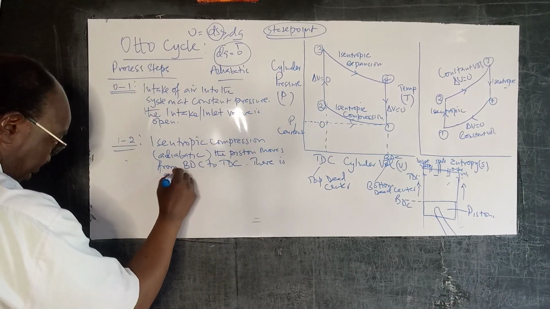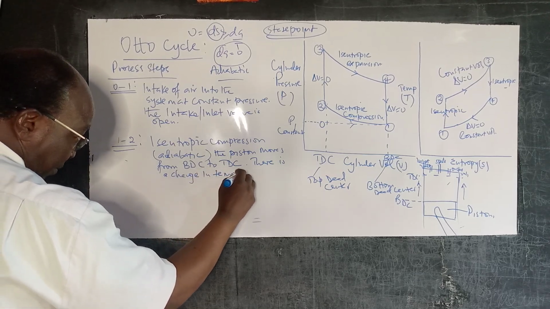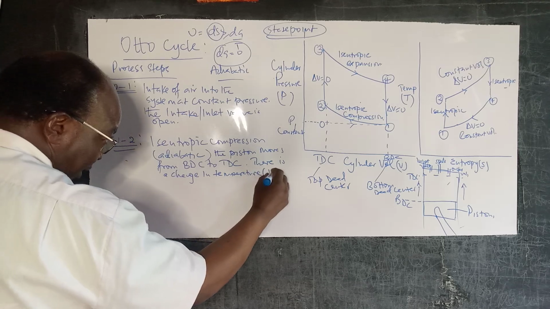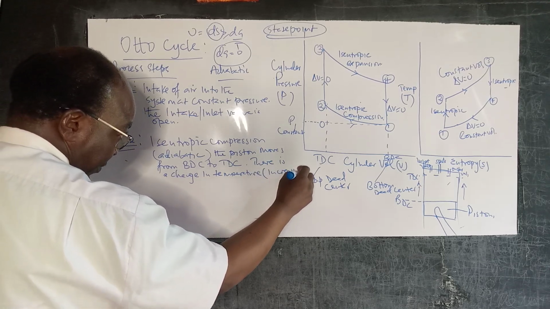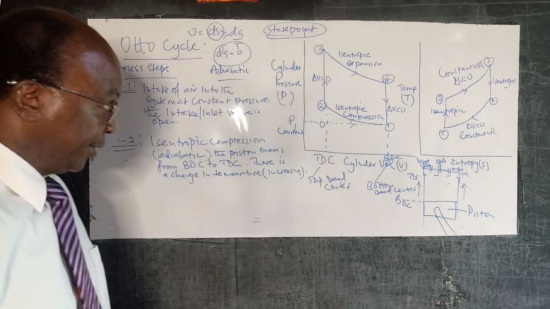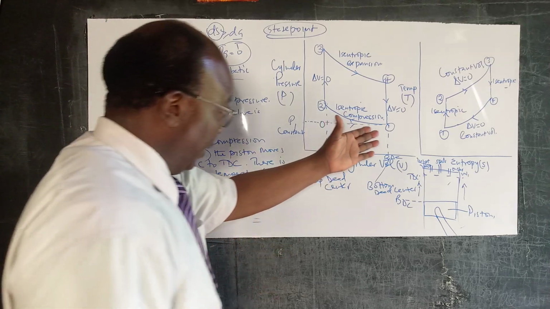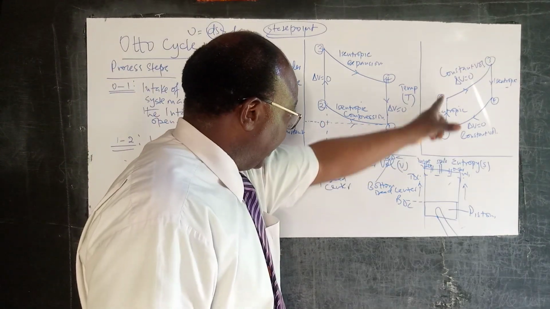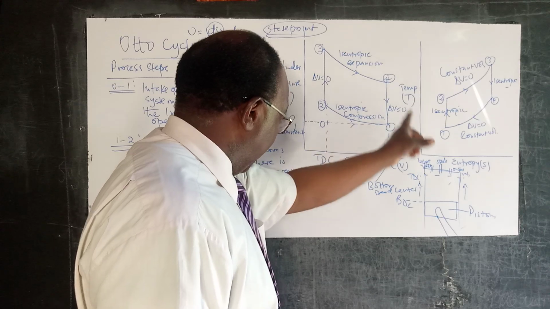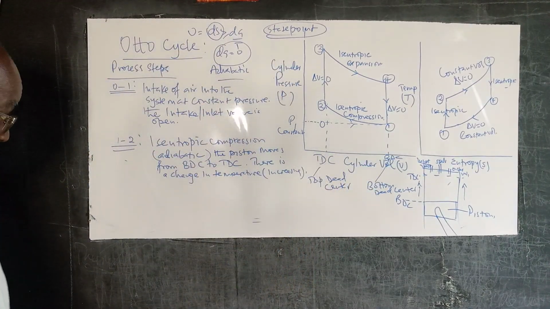In actual fact, it's increasing as we compress our system. So as we compress our system from 1 to 2, it's isentropic, there's a change in temperature, and of course the volume is decreasing.